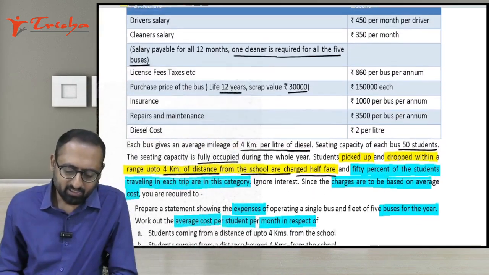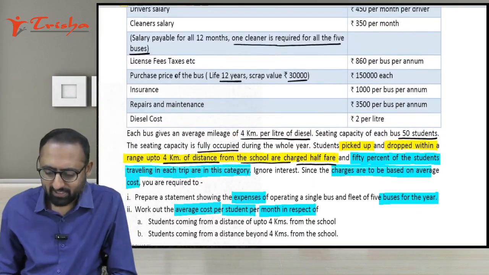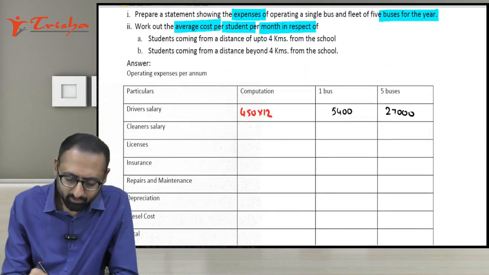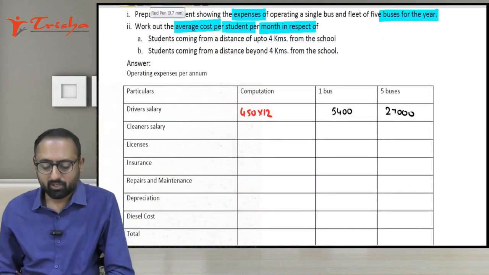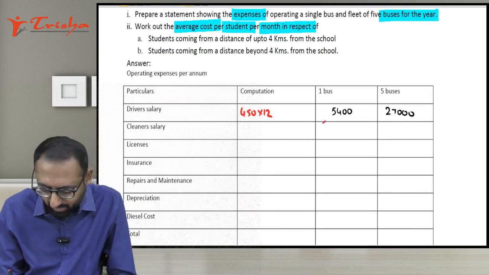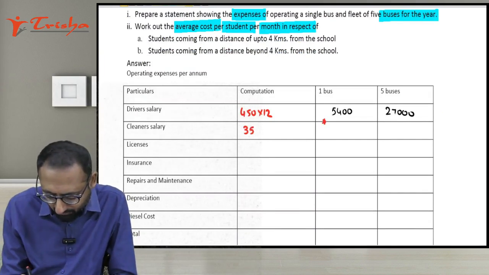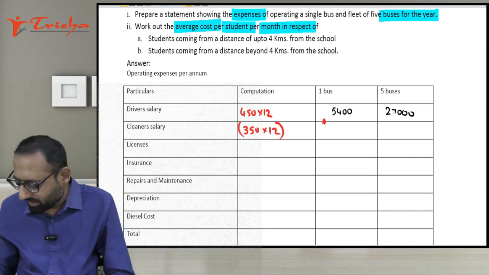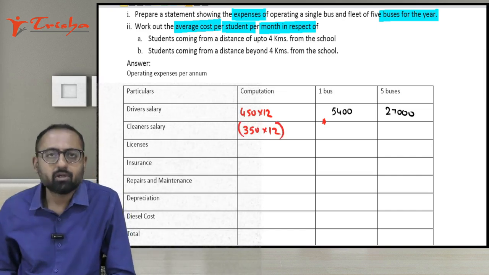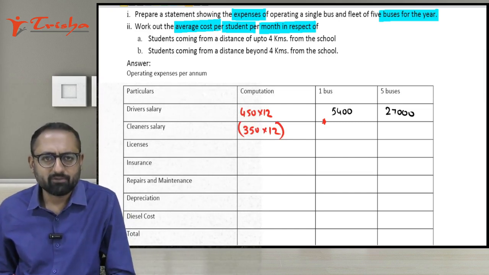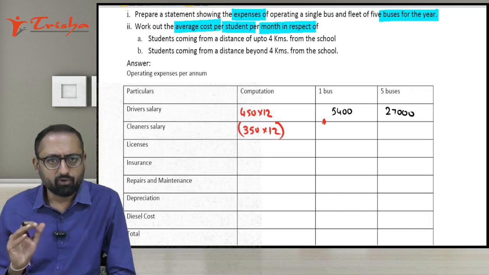After driver salary, the next fixed expense is your cleaner salary, which is 350 per month. But there is one important point here. 350 multiplied by 12, your annual salary will be 4,200. But a very important point is given there: one cleaner is required for all five buses.